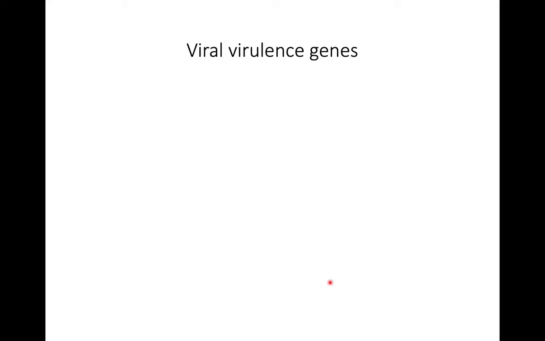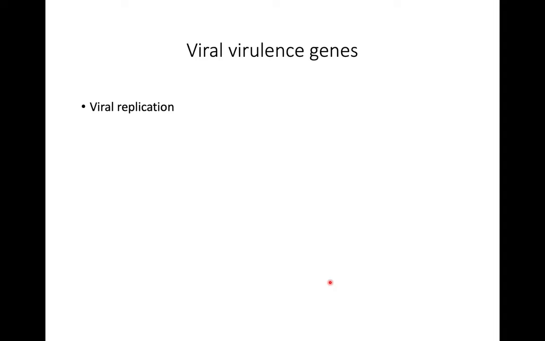There are a number of types of viral virulence genes. By and large, viruses don't produce toxins like bacteria do. They don't really produce exotoxins that they secrete out because they're intracellular pathogens. So most of their virulence genes are focused on altering the cell that they're currently in and perhaps altering its state.